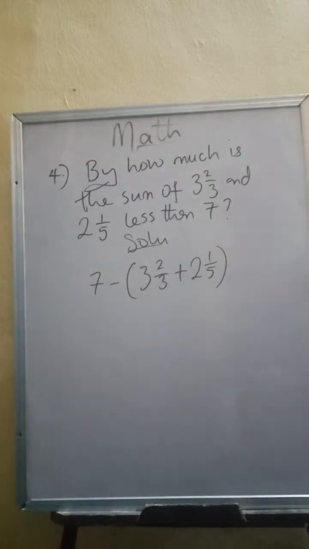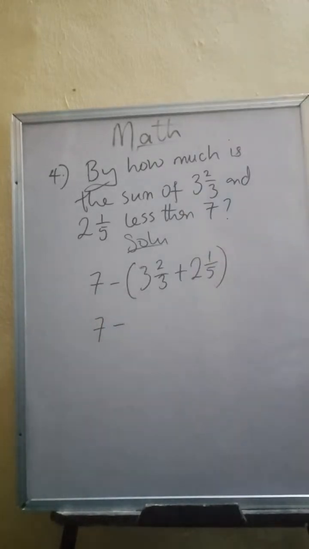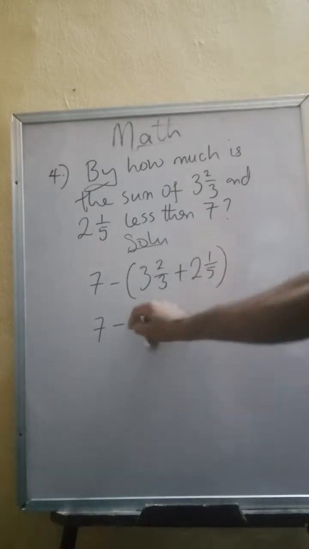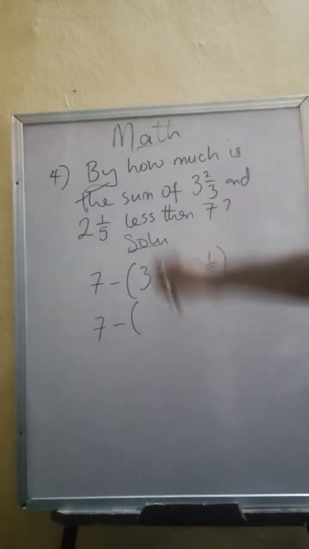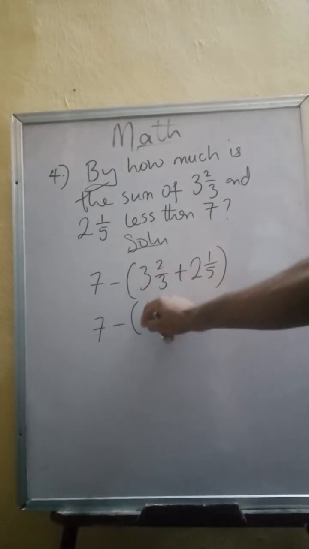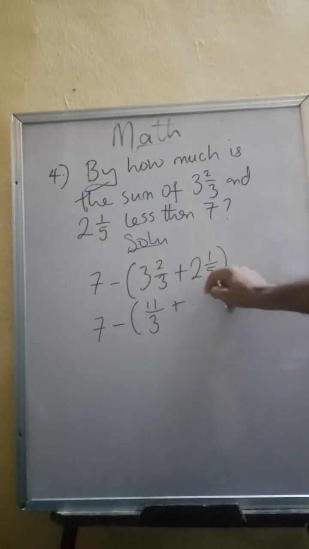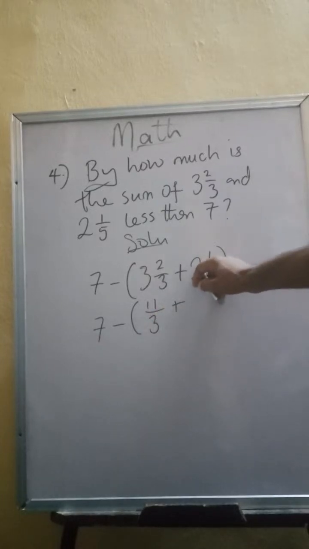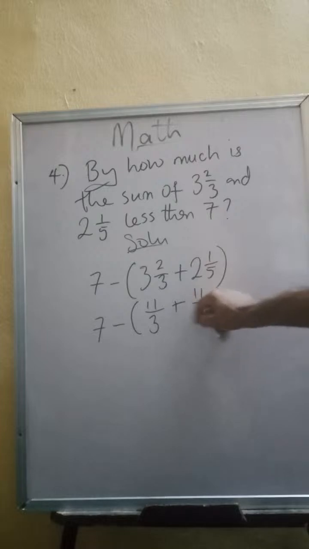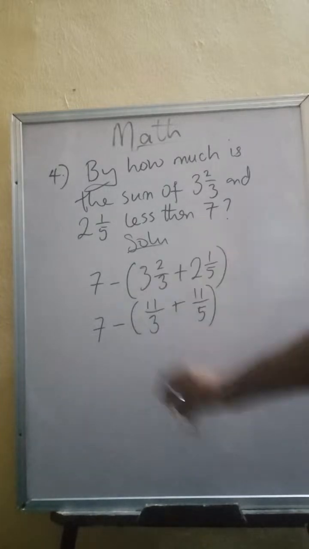Now, this is 7 minus the sum of these 2. Okay, so you want to make them single fractions, and you have 3 times 3 plus 2, and that's 11 over 3. 9 plus 2, 11. 5 times 2 plus 1, that's 11 over 5. So go further.